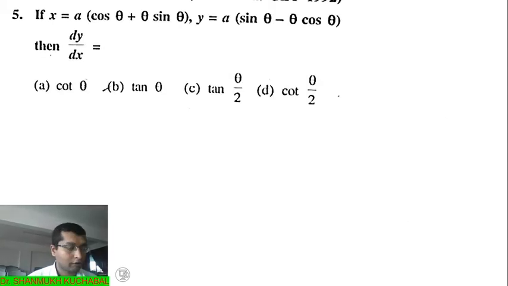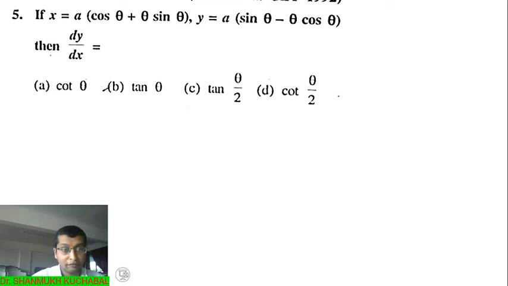Now example number 5. x is a function of theta, y is a function of theta, then we have to find dy by dx. This is parametric differentiation. That is, we have to find y differentiation with respect to theta, whole divided by x differentiation with respect to theta.